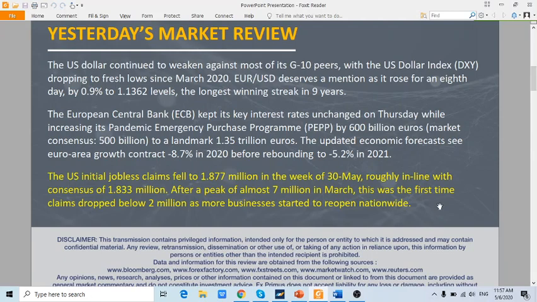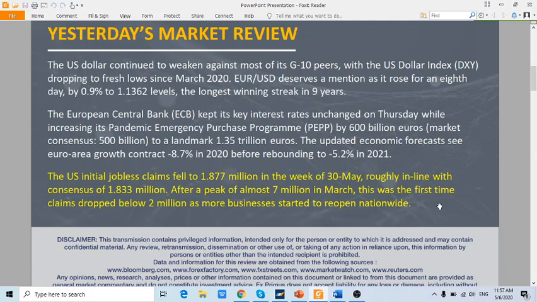Again, as mentioned just now, the US unemployment claims data came in at 1.877 million US citizens seeking unemployment benefits for the week ending 30th of May, roughly in line with market consensus of 1.833 million.